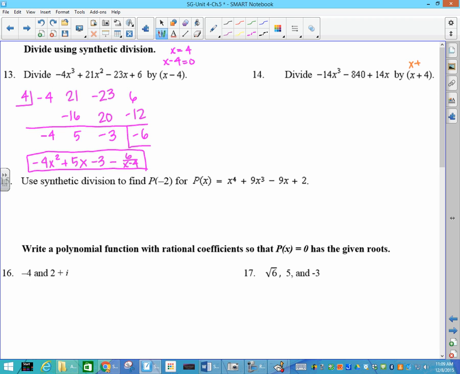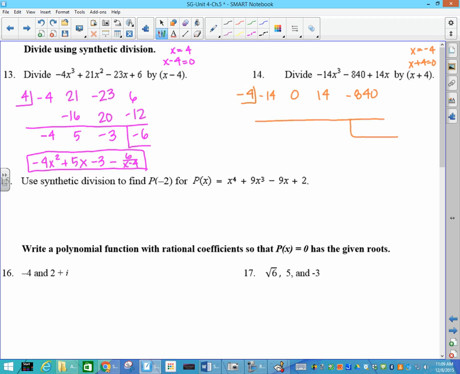All right, x plus 4 equals 0, meaning that my related root is negative 4. So I have negative 4 here, and then I have x cubed, x squared. I don't have an x squared, and then an x term, and then a constant term. And this will be my remainder.